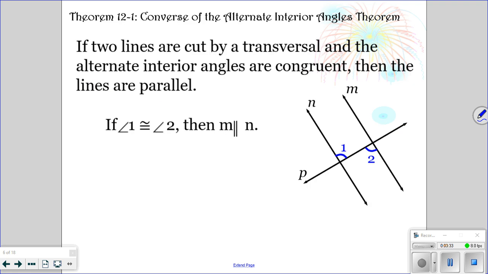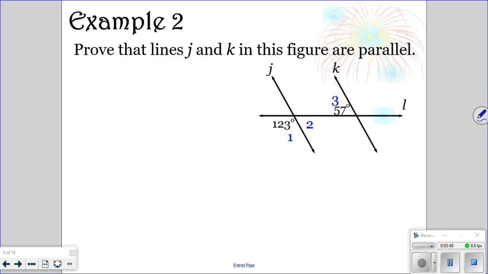The next theorem we're looking at is theorem 12.1, the converse of the alternate interior angles theorem. So if angles 1 and 2 are congruent, then these two lines are parallel. So we want to prove that lines J and K are parallel.